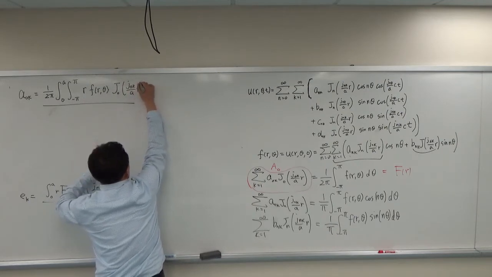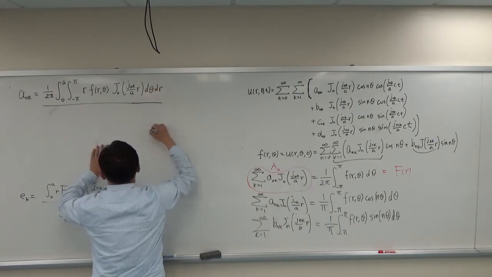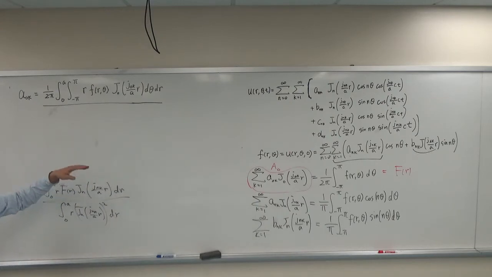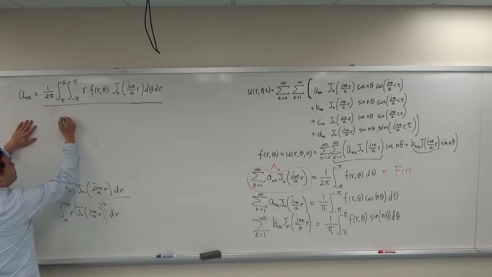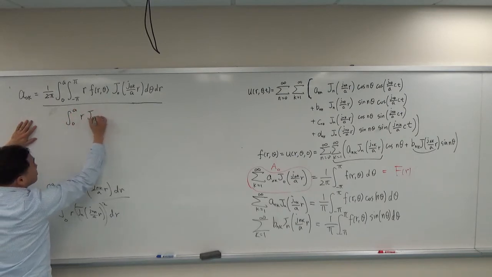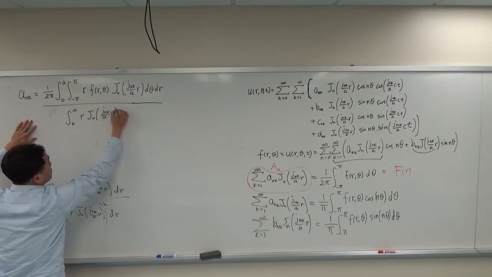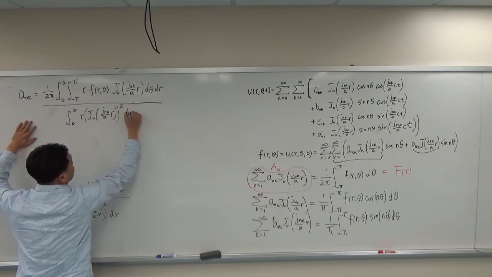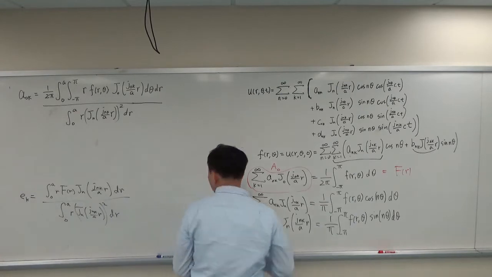J0(k r) d theta dr. I'm so used to dr d theta, so maybe I should be changing this. Okay, well, it doesn't matter. So you have the integral from 0 to a of r times J_n(k over a r) squared dr. Okay, so that's going to be our a_0k.